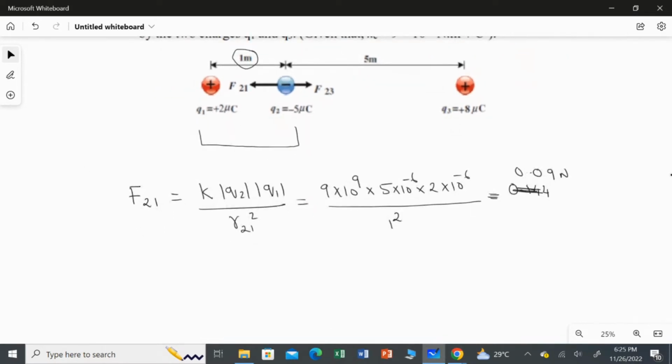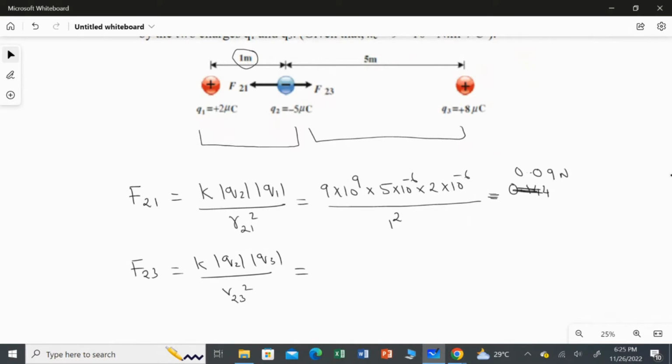Likewise, I'm going to find the interaction between charge 2 and 3. So let's apply Coulomb's law one more time, between charge 2 on 3, right? So K times the magnitude of the second charge times the magnitude of the third charge over the distance between charge 2 and 3. Clear?